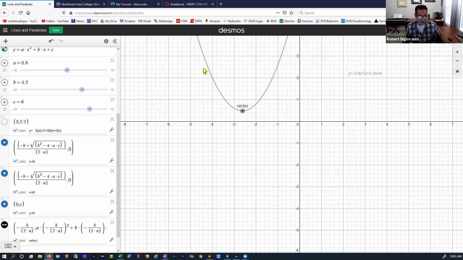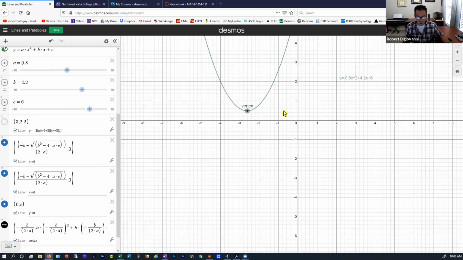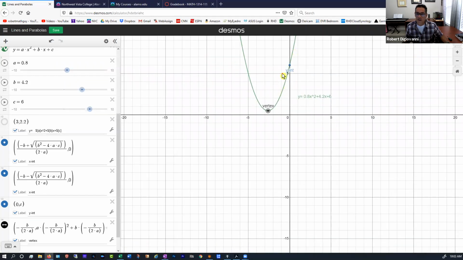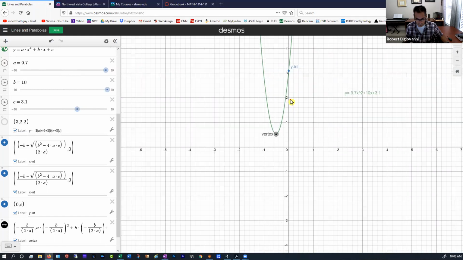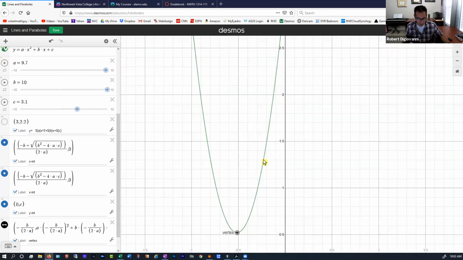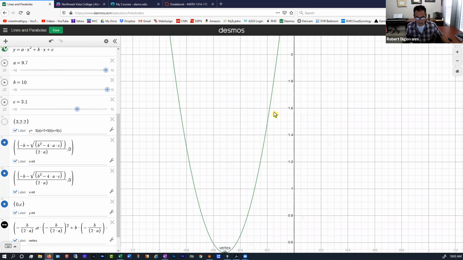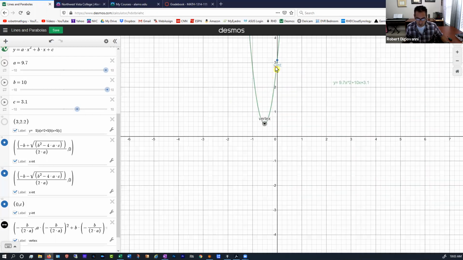Right now, it looks like this parabola does not hit the y-axis. But the problem is, if you zoom out, eventually it's going to. Even if I make this very narrow and try to move it over, even if we make the parabola really narrow, eventually it has to hit the y-axis, no matter what.